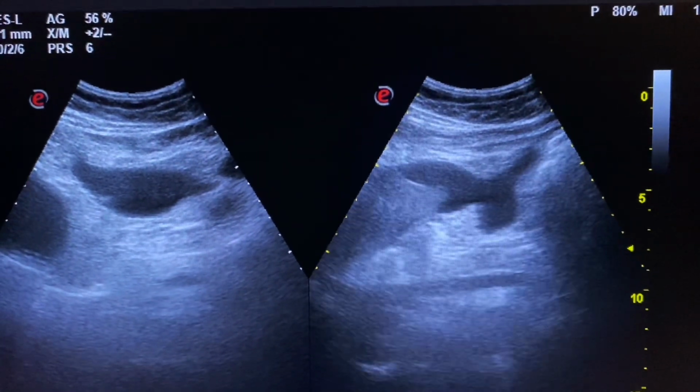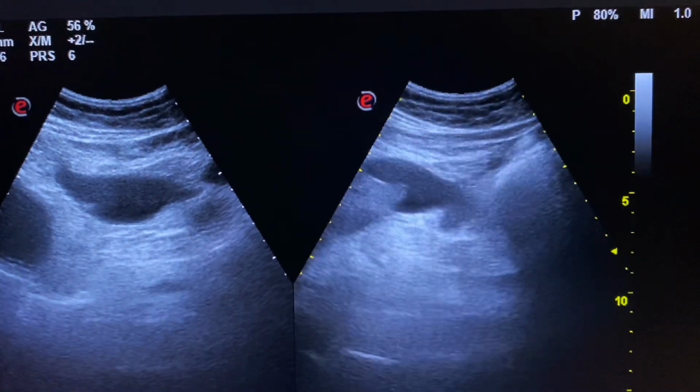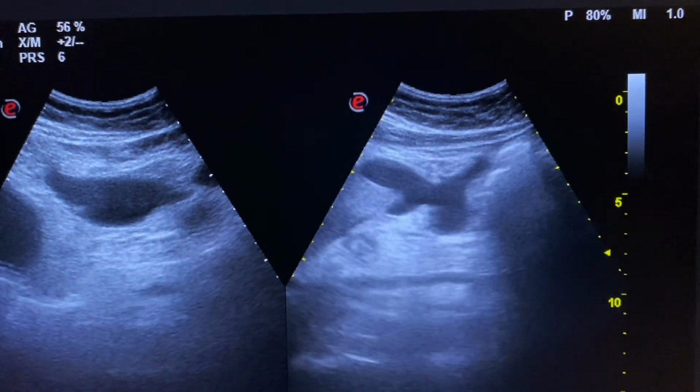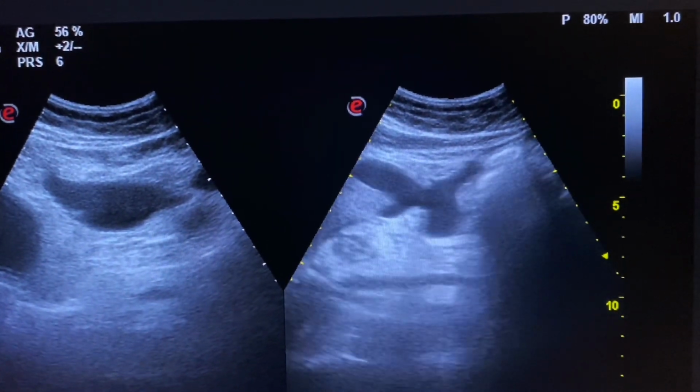Now we will measure the volume of this collection. For that we need 2 views or 3 dimensions, a transverse and oblique.